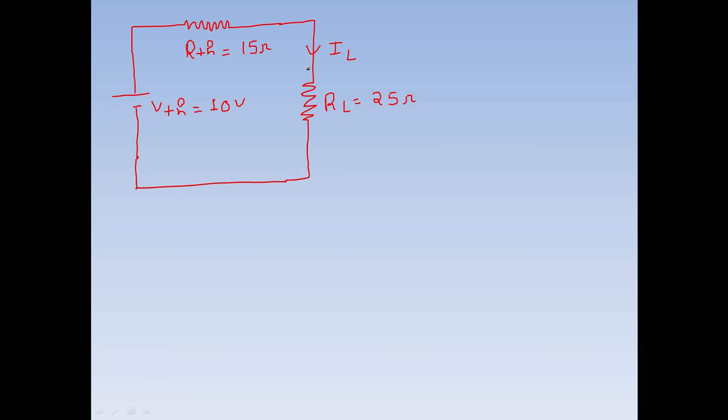This is the Thevenin equivalent circuit: VTH, RTH and RL.